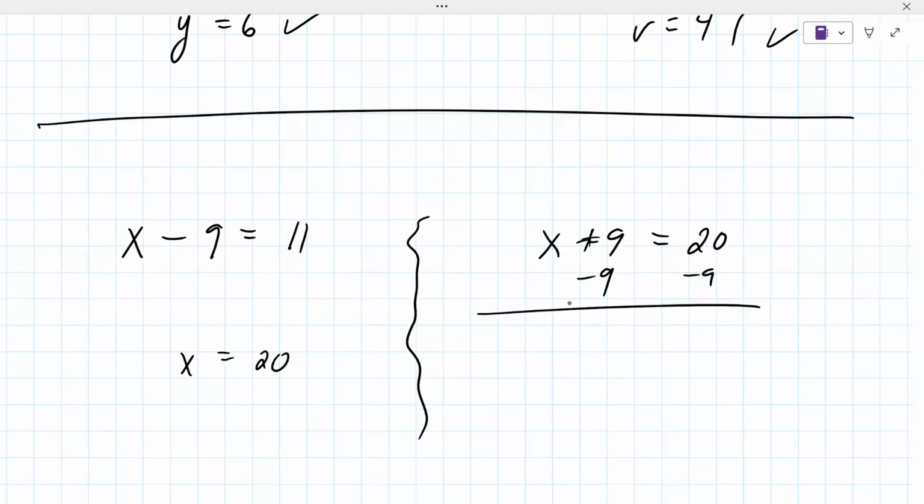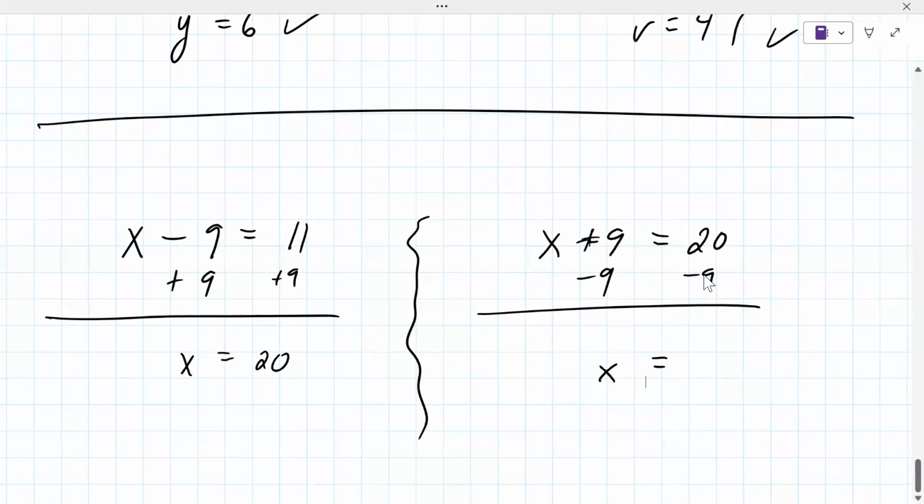So you have to pay attention now. This is the synthesis, where you're trying to see what you remember. You undo addition with subtraction. On the left here, you undo subtraction with addition. What does X equal on the right? 20 subtract 9 is the better way to say it.